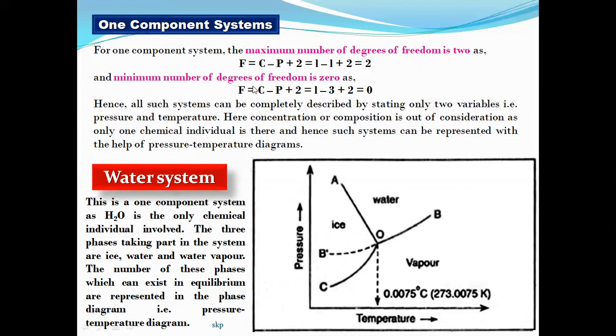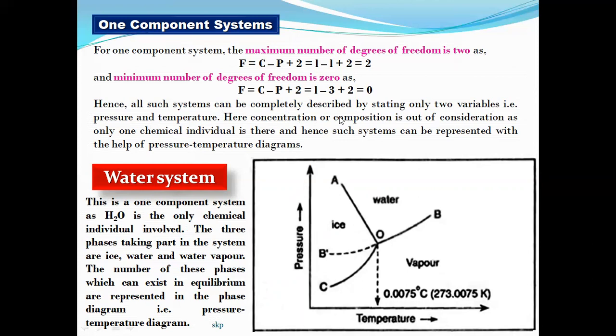If the maximum number of phases is 3, the degrees of freedom will be 0. That means the system has a minimum of 0 degrees of freedom, that is invariant, and a maximum of 2, that is bivariant. So all such systems can be completely described by stating only two variables, pressure and temperature.